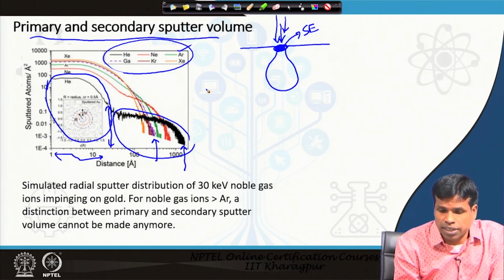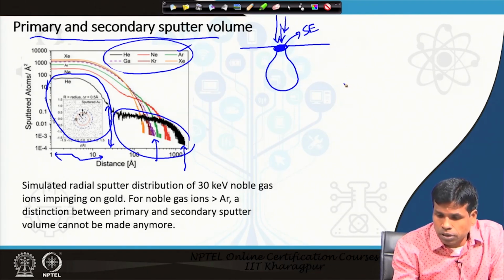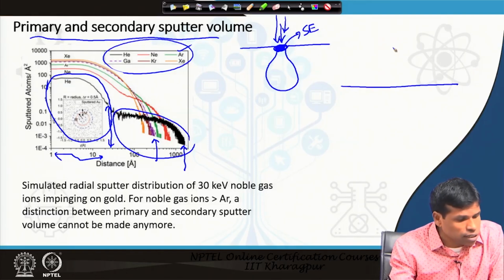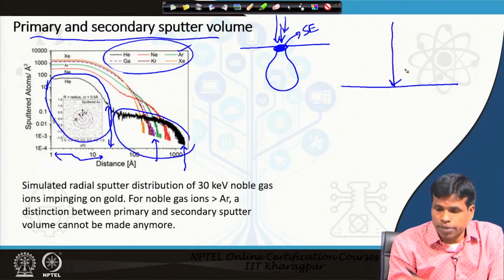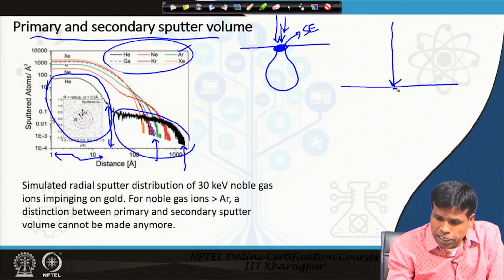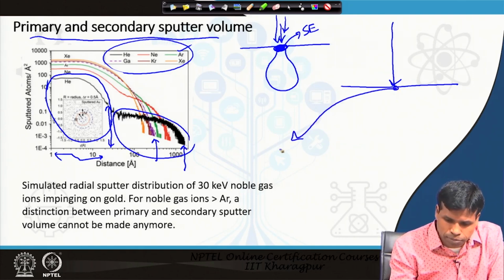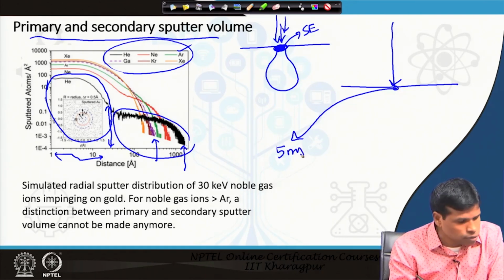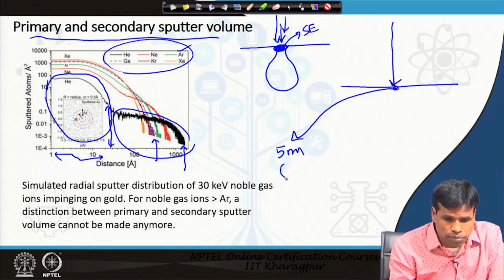So, what happens exactly? Let us say the primary ion is incident on this specimen. From near the surface, around 5 nanometer, that is the primary interaction volume.